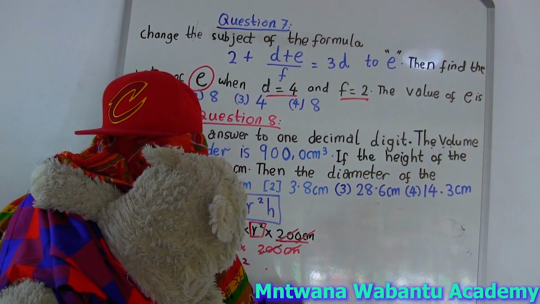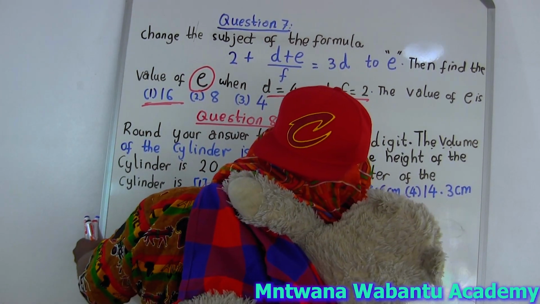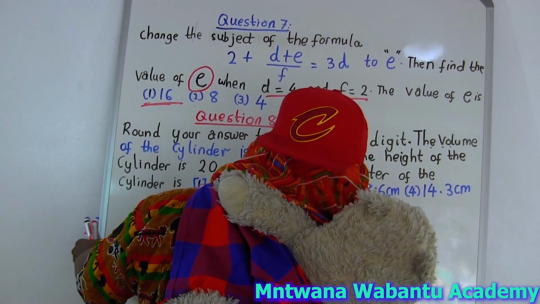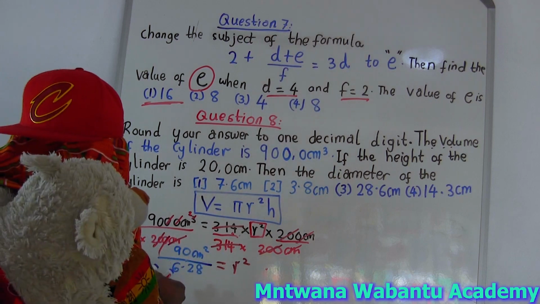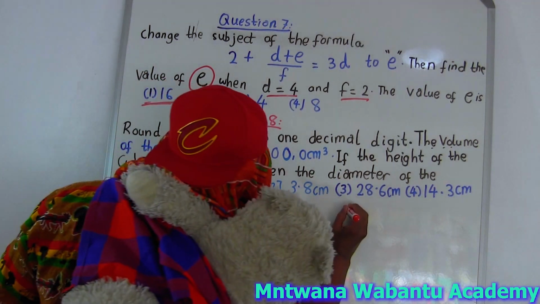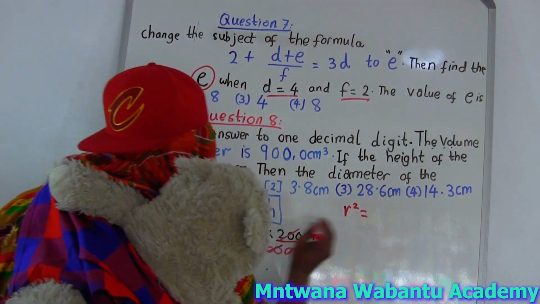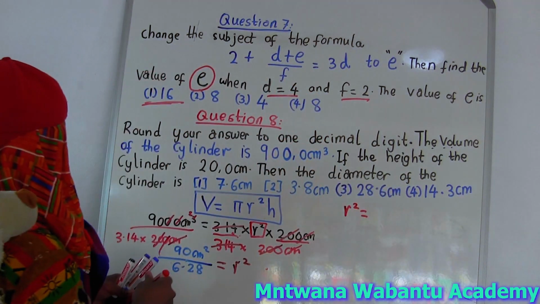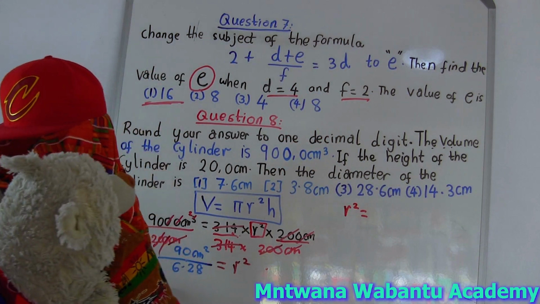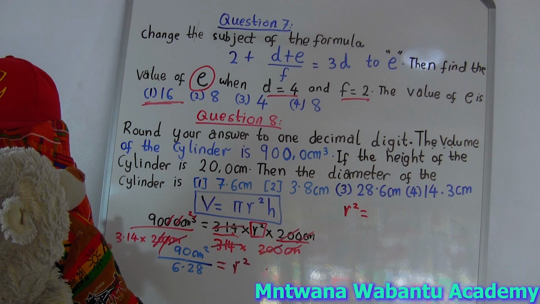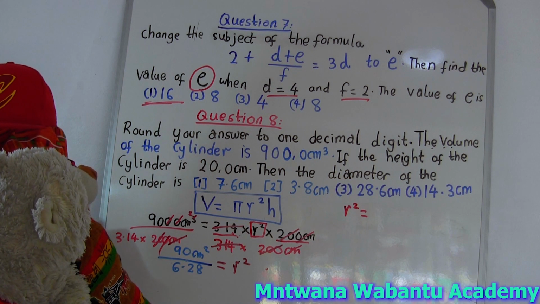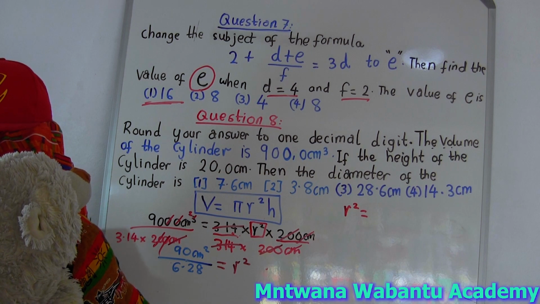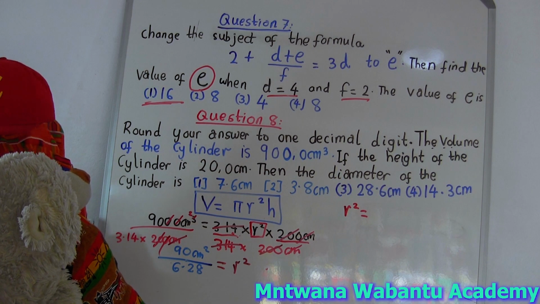To get the radius there is very, very easy. Let me write this here. I want to get the radius. So this is r square equal to 90 over 6.28.